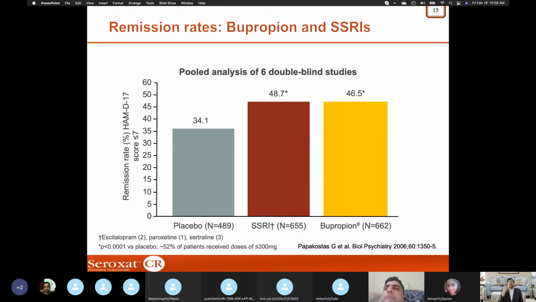Pooled analysis of double-blind studies, bupropion versus SSRI. There is evidence that bupropion can help. Escitalopram is a good drug. Paroxetine is a good drug. Bupropion is a good drug. In all of these drugs, I'm not recommending one over the other, no matter what the studies suggest.